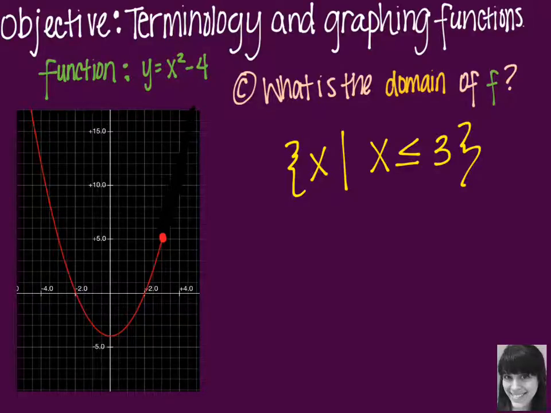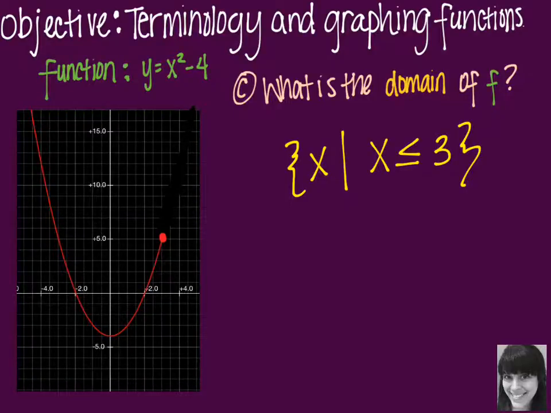And we can say equal to because it is a closed hole. If it was an open hole, like this, then it would not be the equal to, just the less than symbol. Okay? So that is the domain of f. It's x when x is less than or equal to 3.